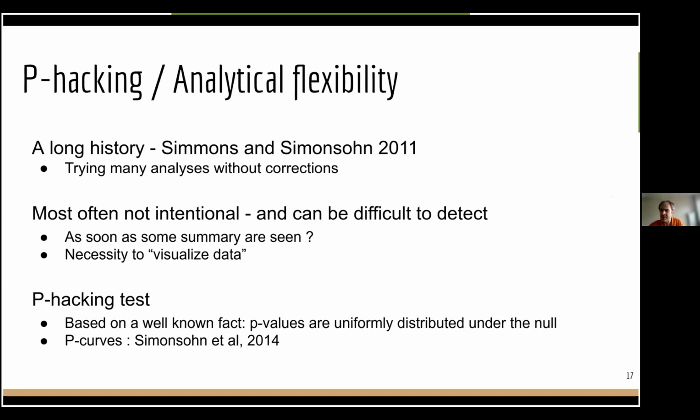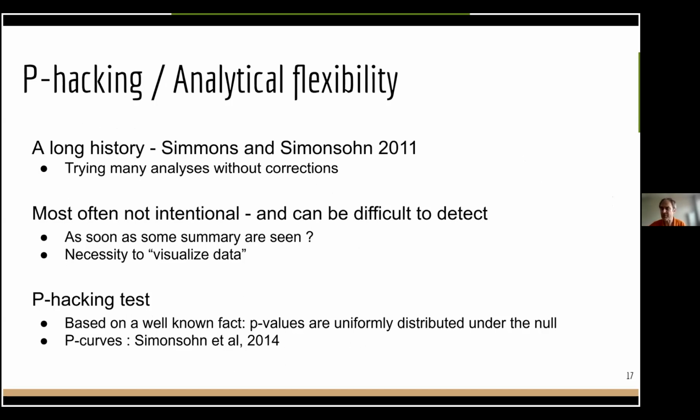And last but not least, the p-hacking or analytical flexibility aspect. I've put that in one box. There are slight differences, but it's a very classical problem that has been described in Simmons 2011. Basically, you try different models, different ways of analyzing the data, and then you only report the ones that are significant.